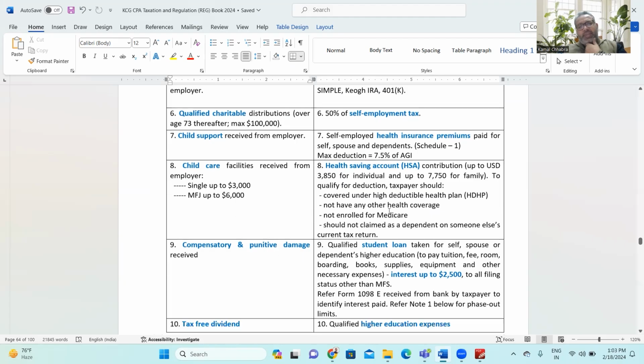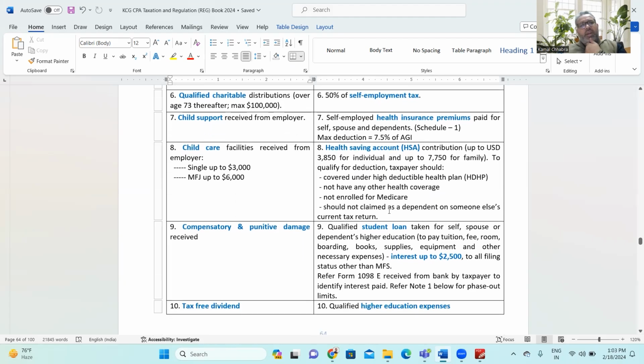Next is health saving account contribution. Earlier we were discussing health saving account contribution by employer. Now we are discussing health saving account contribution by employee. So up to 3850 for individual and up to 7750 for family. To qualify for the deduction, the taxpayer should be covered under a high deductible health plan, not have any other health coverage plan, not be enrolled in Medicare, and should not be claimed as a dependent on someone else's current tax return.